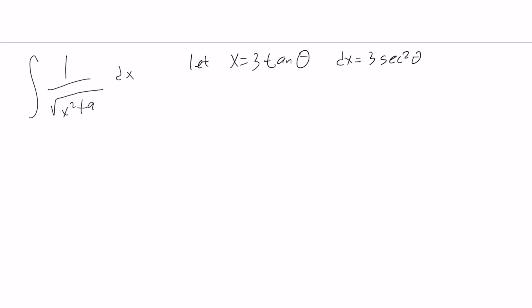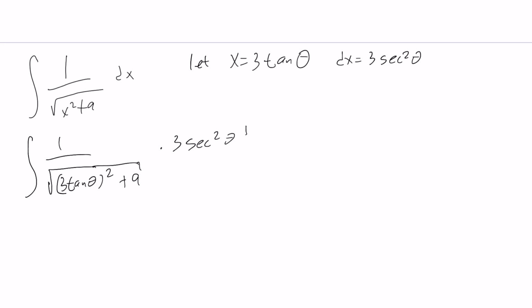So let's plug stuff in and see what kind of simplification we get. This becomes the integral of 1 over the square root of 3 tangent theta quantity squared plus 9 times 3 secant squared theta d theta. I'm going to put the 3 secant squared on top of this fraction because it's a little bit less writing.